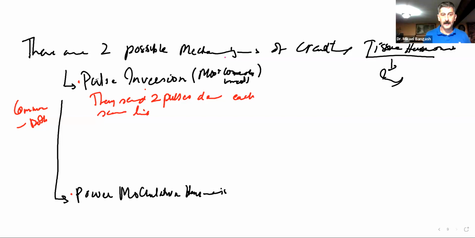So in both mechanisms, whether it is pulse inversion harmonics or power modulation harmonics, what is common is that at each scan line, whereas in fundamental imaging you just had one pulse per scan line, here there are 2 pulses per scan line.